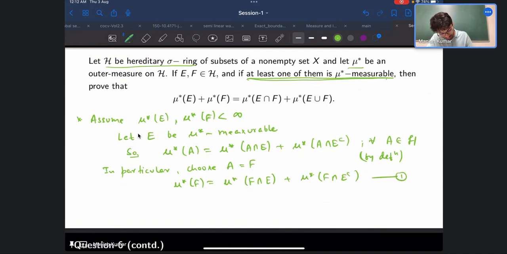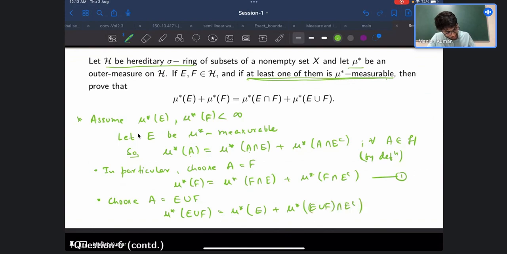Again, what you can do is choose A to be E union F. The moment you choose E union F and put it there, mu star of E union F is equal to mu star of E union F intersection E, which will be E, because E union F intersecting with E will be E, plus mu star of E union F intersecting with E complement.